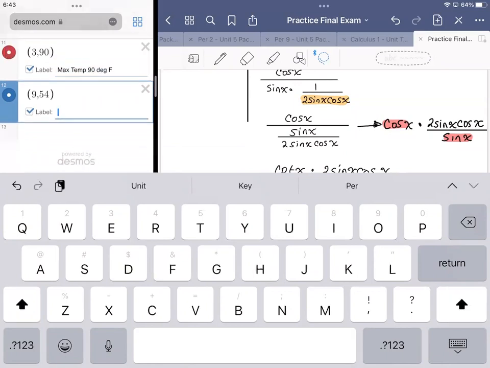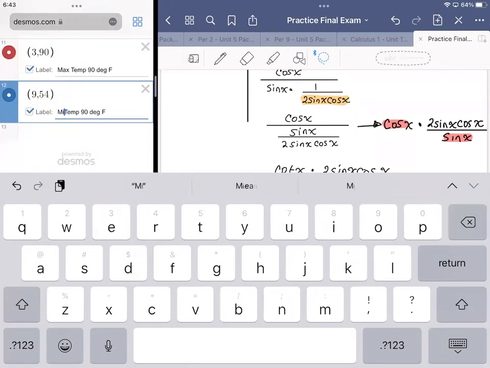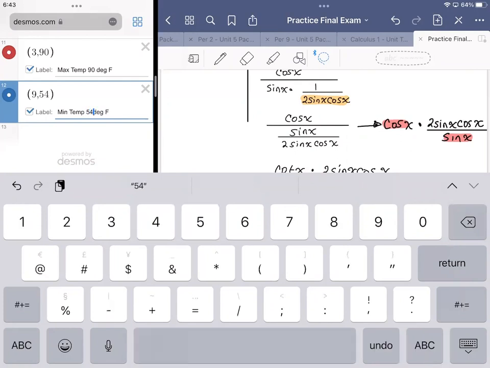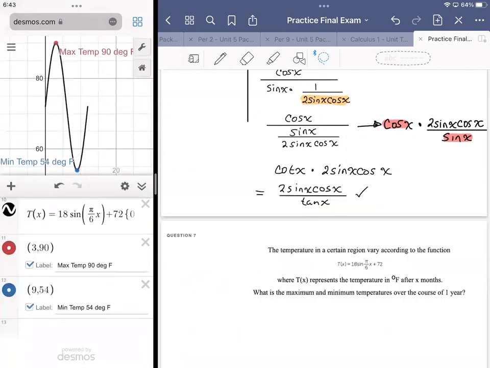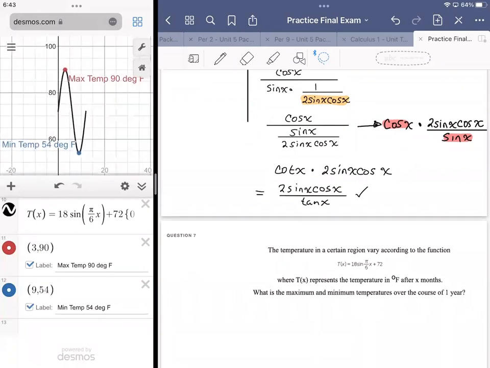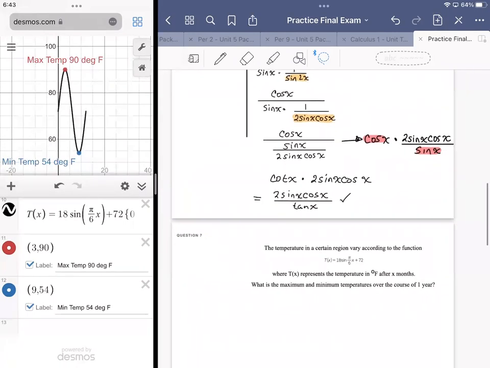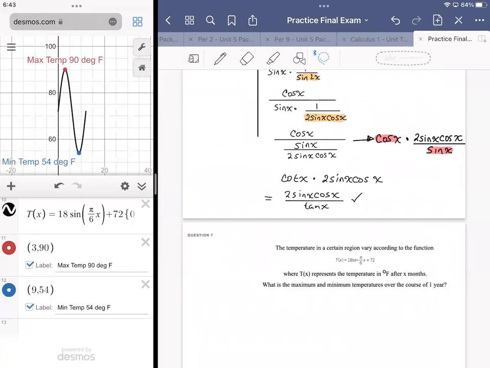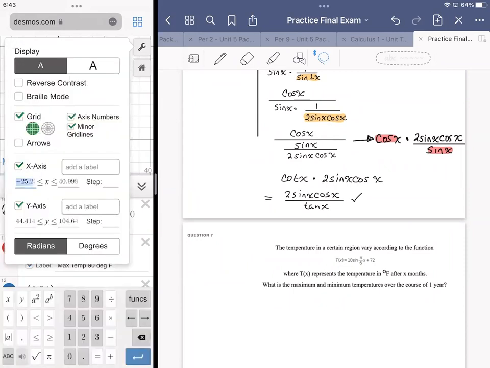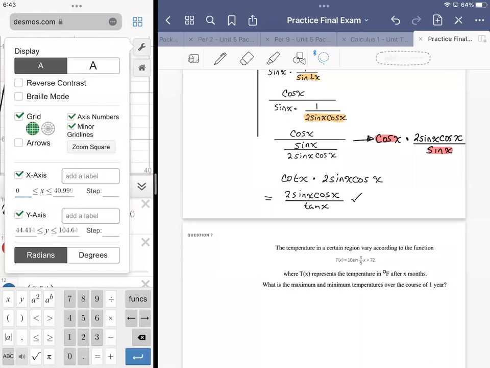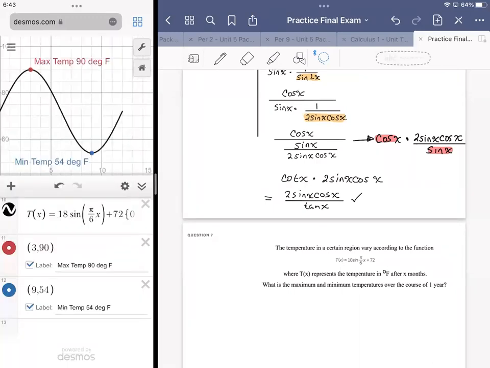The minimum temperature, 54 degrees Fahrenheit. So now we have a well-labeled graph that justifies our answer. All right. And let me just get this into the document here.